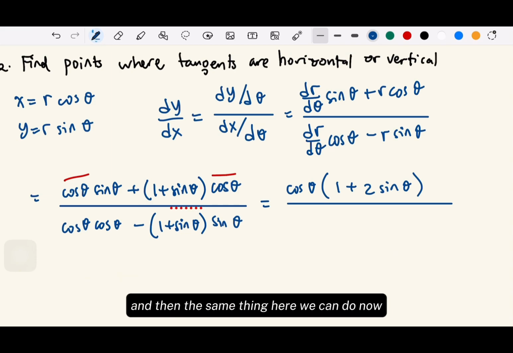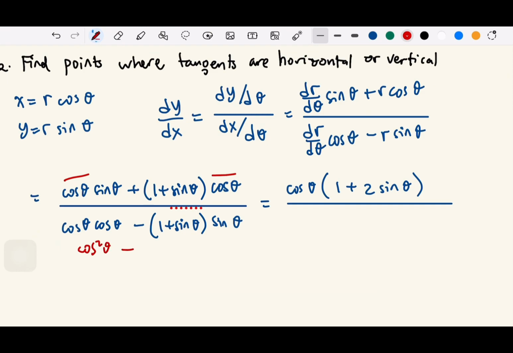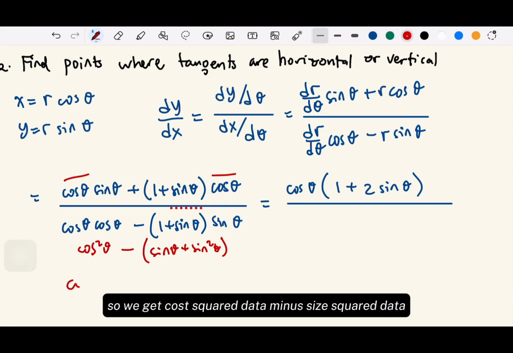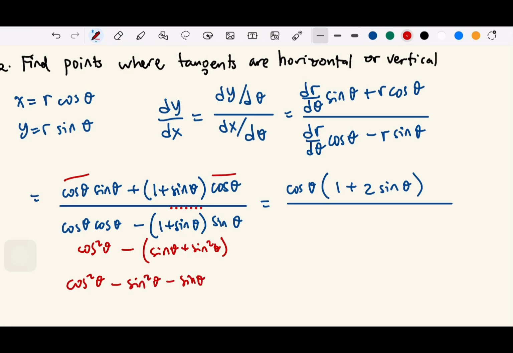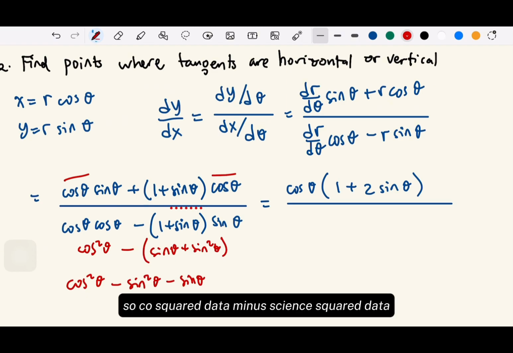And then the same thing here we can do now. I think we can just take this as cos squared theta minus sine theta plus sine squared theta. So we get cos squared theta minus sine squared theta minus sine theta. So cos squared theta minus sine squared theta, I would like to change that into 1 minus 2 sine squared theta.